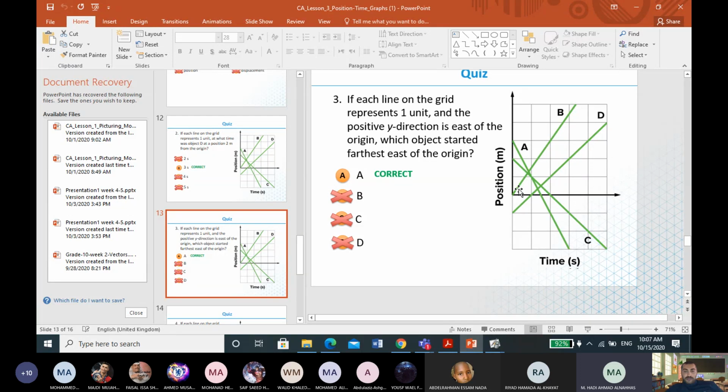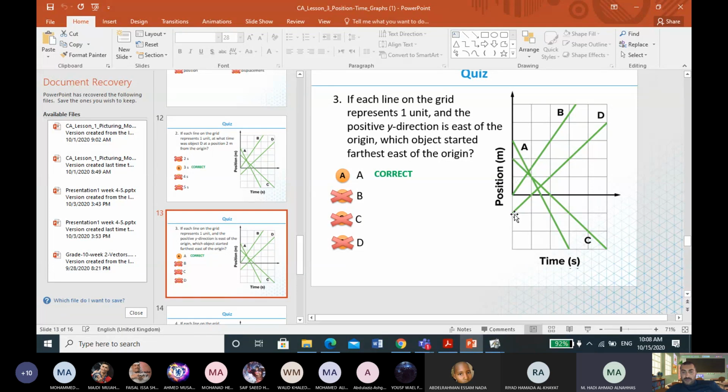We'll see that it starts at line -1 and stops at line 5. So it starts from line -1: 1, 2, 3, 4, so it will be 5.